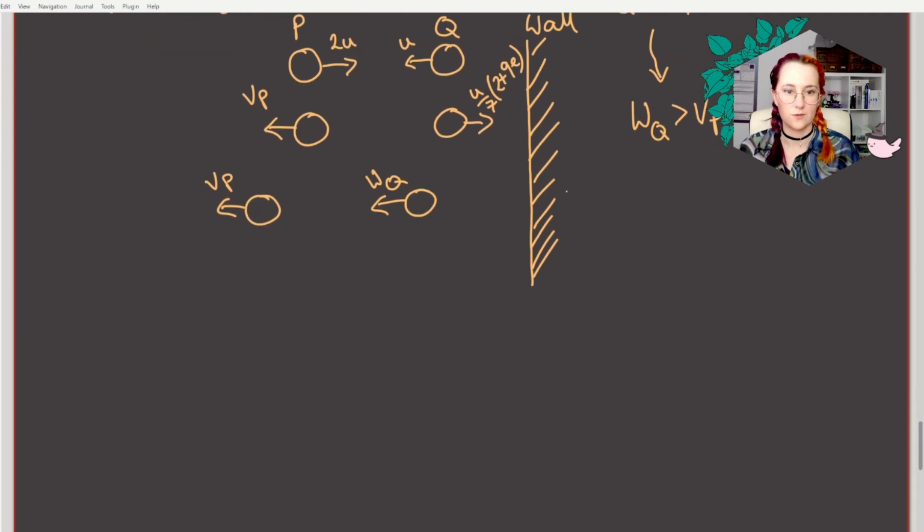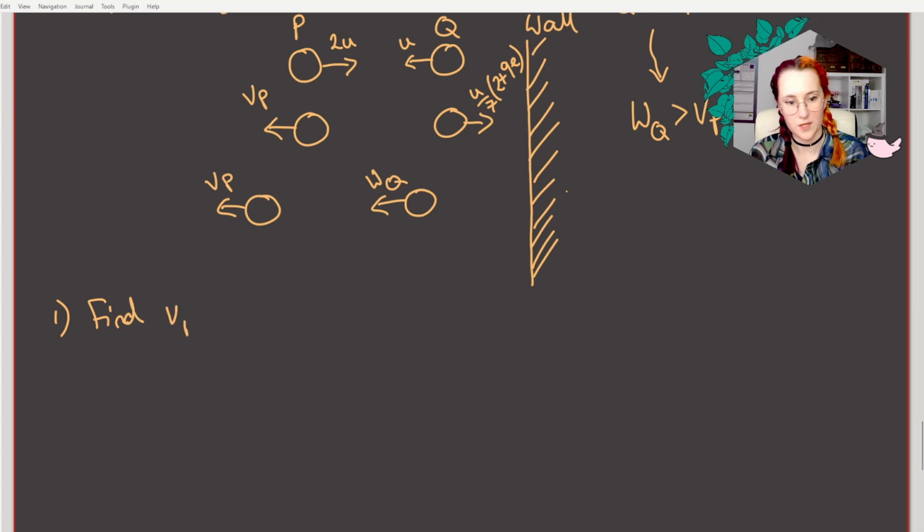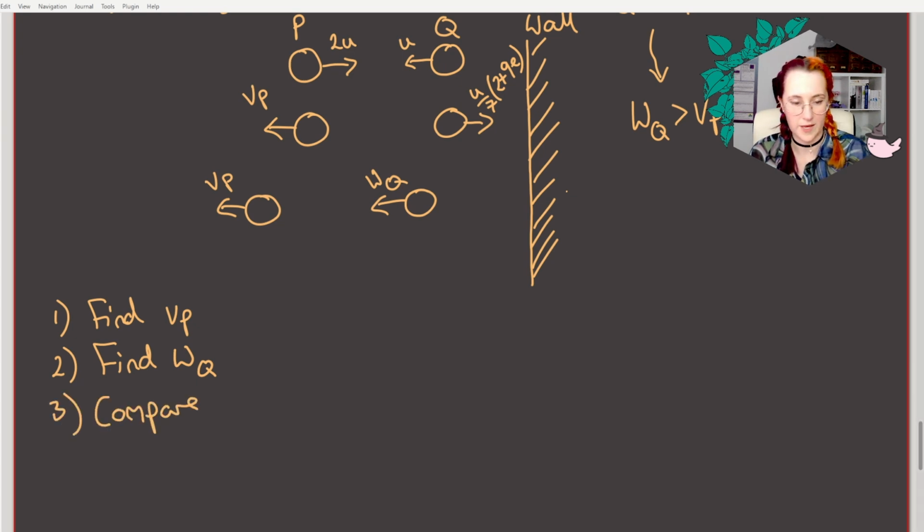So first thing we need to do: find VP, find WQ, compare for e. Okay, so these are the steps we're going to do.